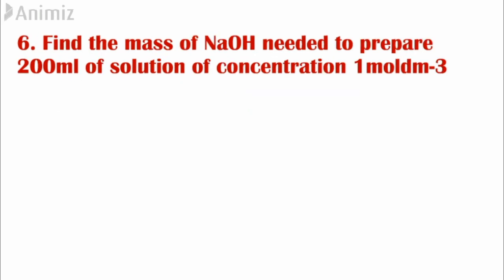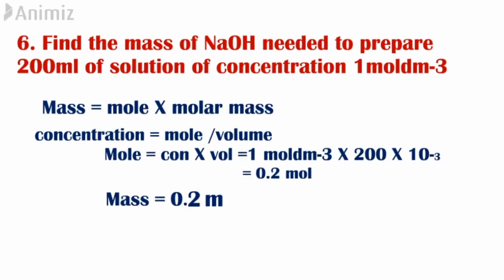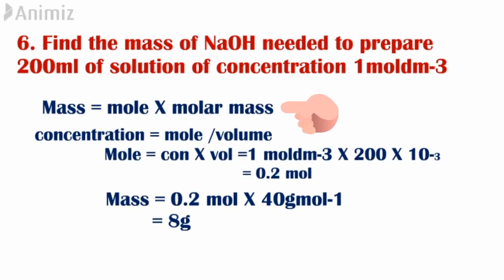The next question is, find the mass of NaOH needed to prepare 200 milliliter of solution of concentration 1 mole per decimeter cube. Here you have to find the mass; you know the volume and the concentration. To find the mass, you should know the equation. So mass is equal to mole into molar mass.